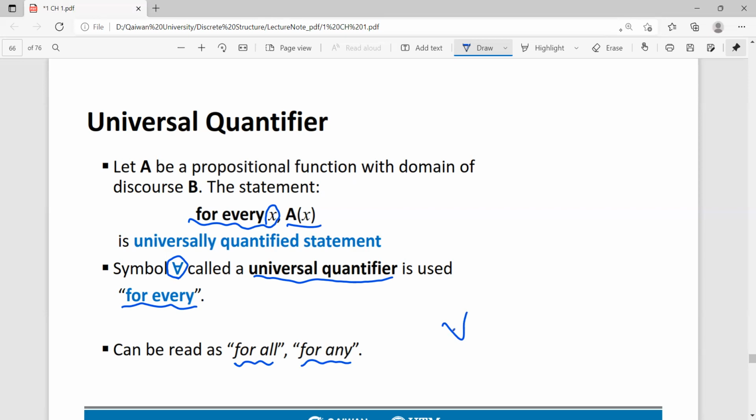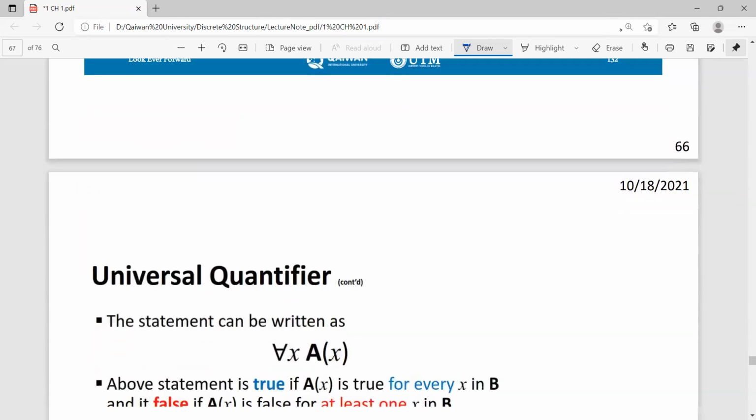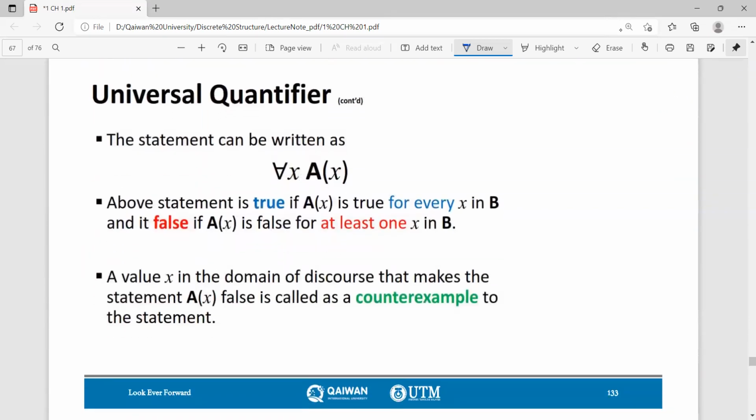That means for all x in the domain, the proposition A of x must be true.